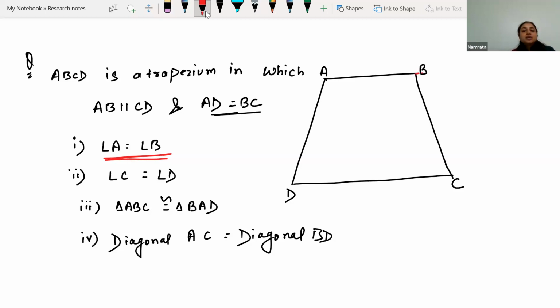So here we are extending this side AB, and let's say this is D. We are extending it till D and we are joining this with C. This is the construction we are doing, and we are saying that here CD is parallel to AD.